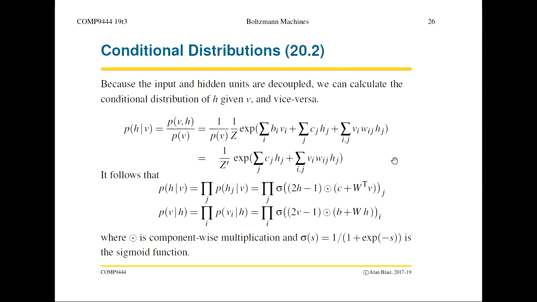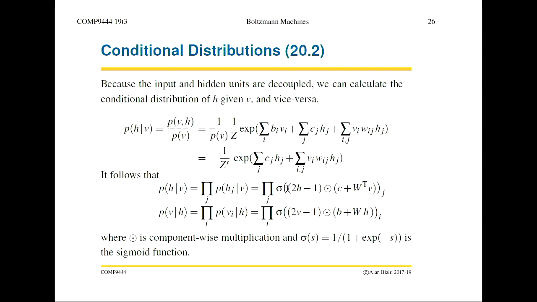By following similar reasoning to what we went through before, for each hidden weight you just have to figure out the sigmoid of the change in energy. That's written here like this.